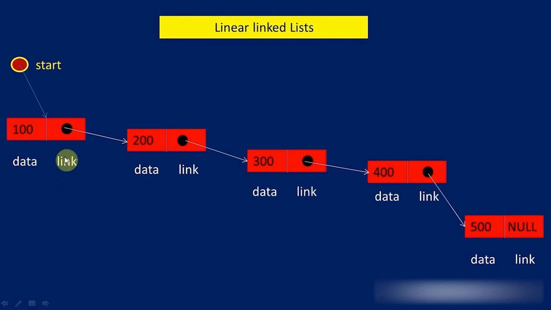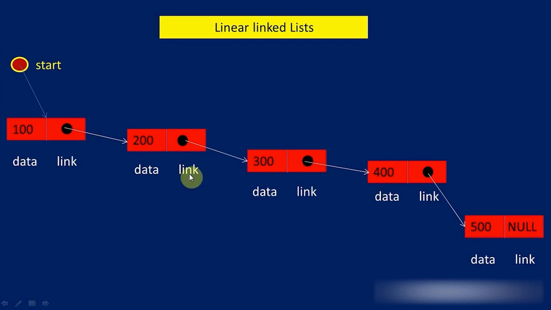So essentially the link element is nothing else but a pointer variable. Like in the case of the first node, this link contains address of the second node with the value 200, or it could be any value. And in the second node we have got a value of 200, which is data.